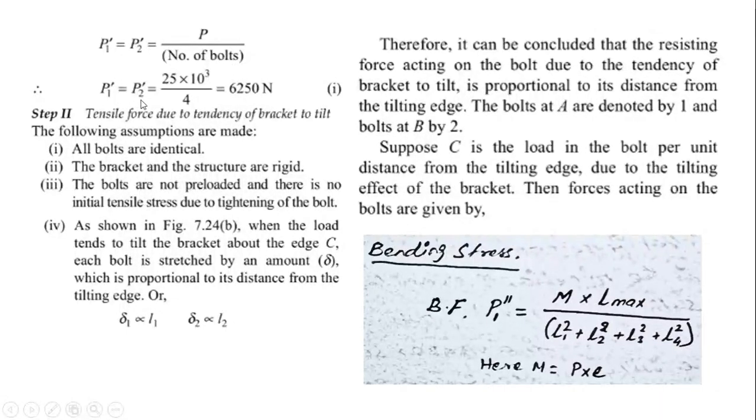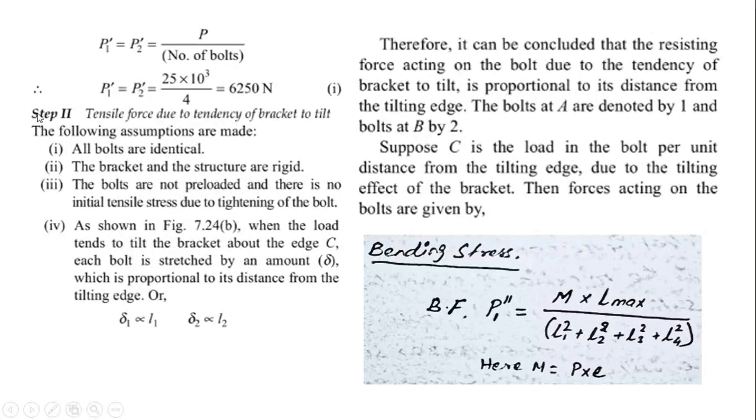P1 dash equal to P2 dash equal to 25 into 10 to the power 3 Newton divided by the number of bolts, 4. Now we can get the value of P1 dash. This is the direct tensile force acting on the arrangement.